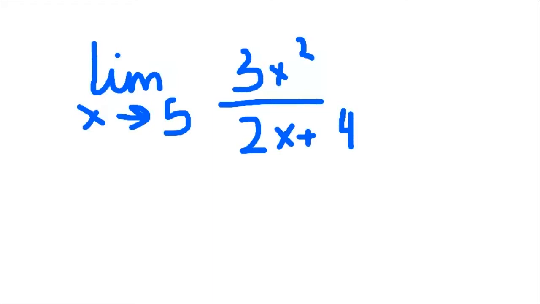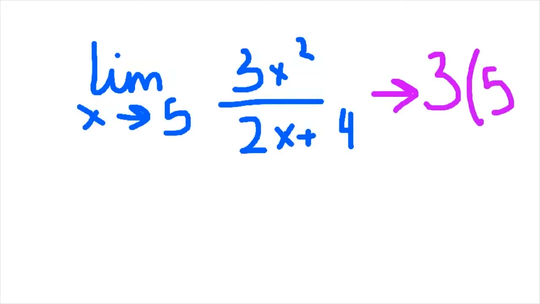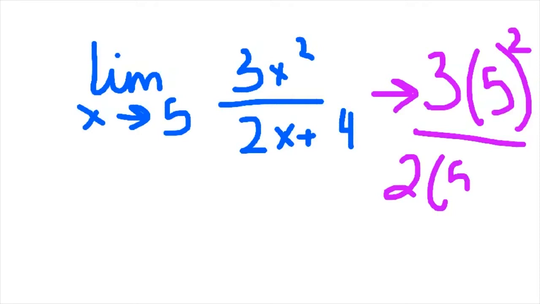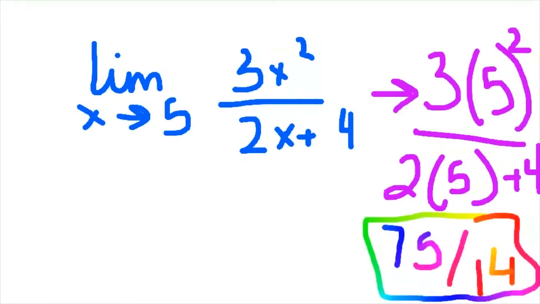What we're going to do is plug in 5 because there's no issue: 3 times 5 squared over 2 times 5 plus 4. That's your answer, that's the limit. As you see, you just get a normal number, a basic constant, 75 over 14.